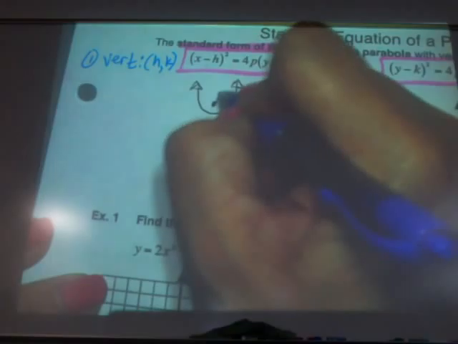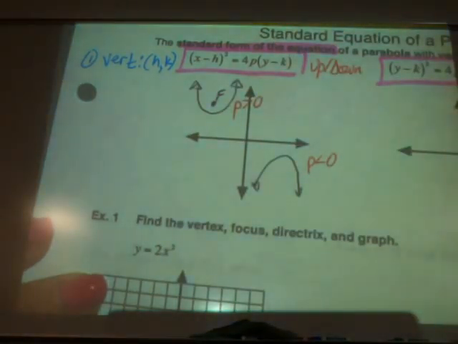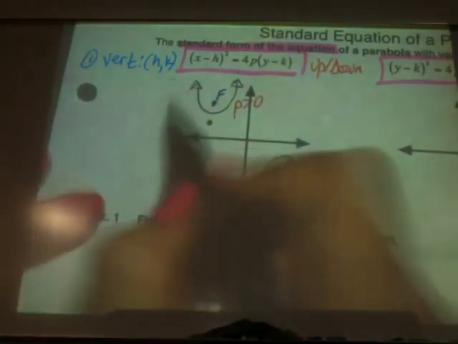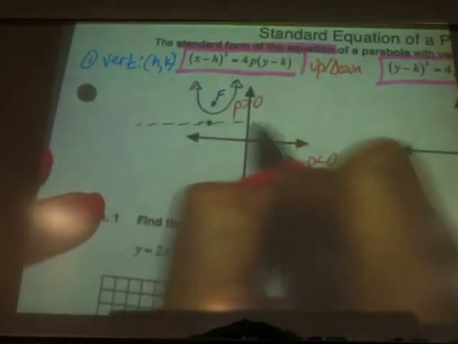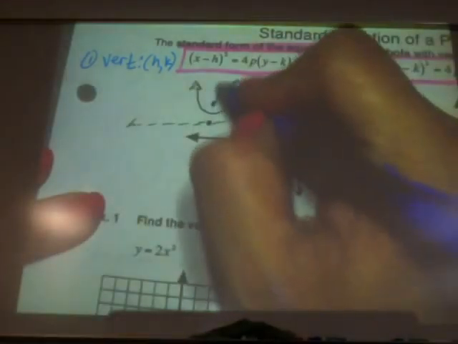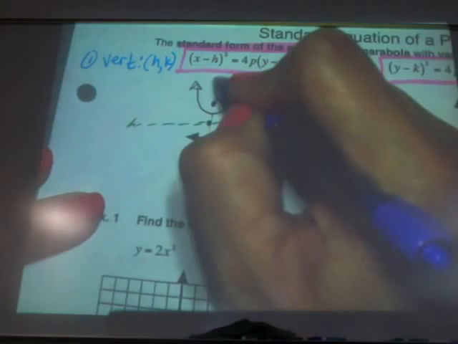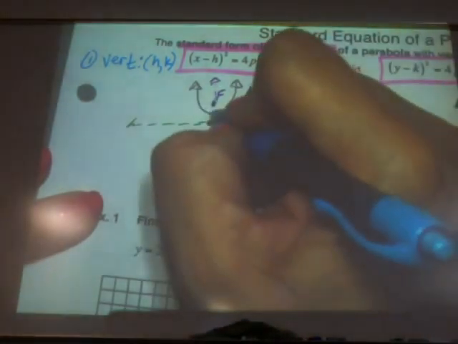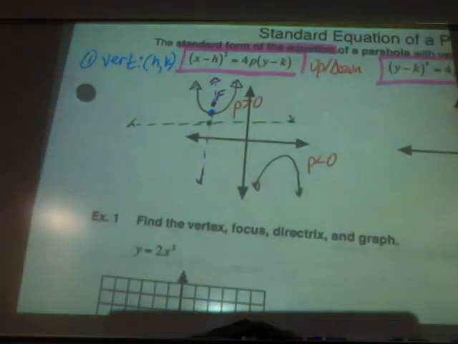Inside would be my focus. And would my directrix be outside here, same distance away? So my directrix would go this way. And my focus is inside, so this would be my axis of symmetry. And then my vertex would be right here. So there's my vertex.